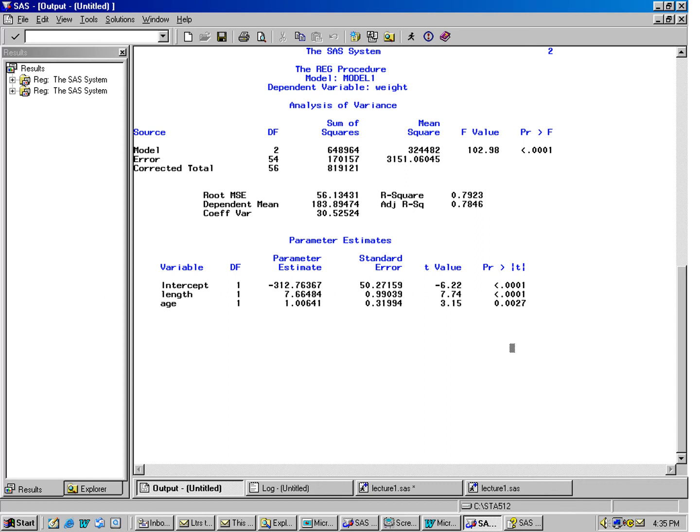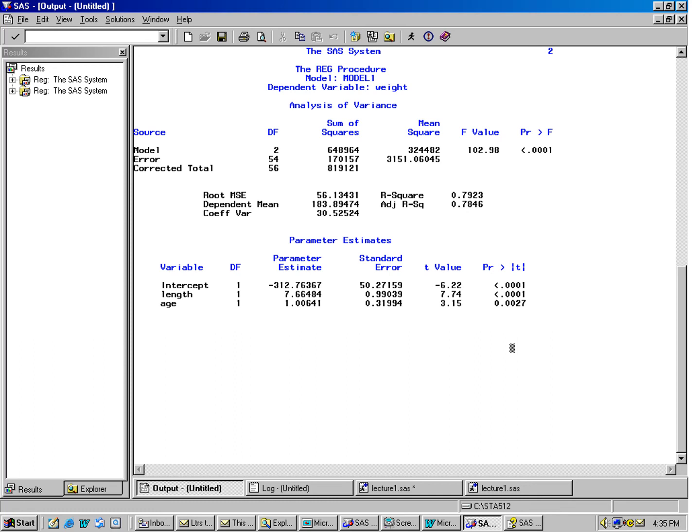That's our R squared. 650,000 divided by its degrees of freedom, divided by 2, gives us about 325,000. 170,000 divided by 54 gives us that 3,151. 325,000 divided by 3,150, we can see, is about 100, and actually it looks like it's exactly 102.98. And the p-value is less than 0.0001, so immeasurably small.